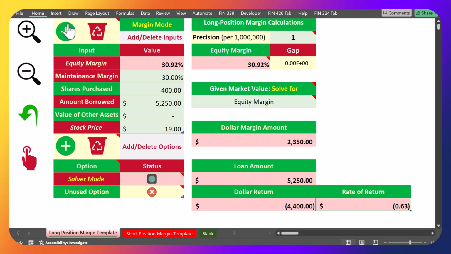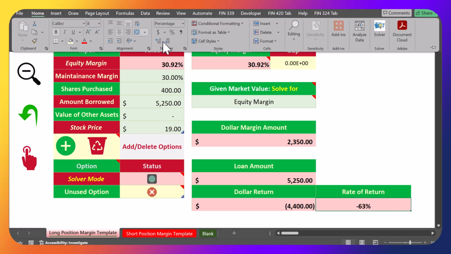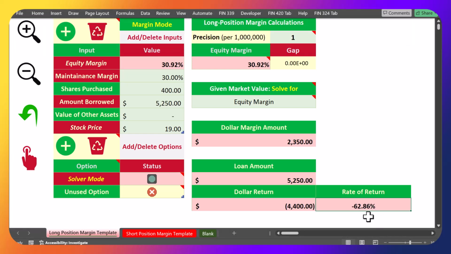And let's convert that into a percentage. Negative 62.86%. Remember, her original investment is not 12,000, even though she bought $12,000 worth of stocks. Only 7,000 of that was her own money.